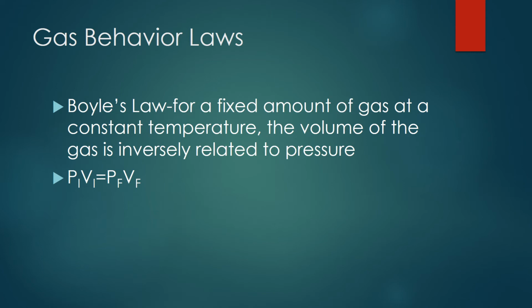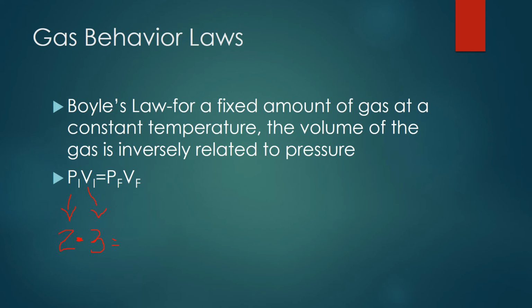So let's say our initial pressure, that's an arrow, is 2. So that's supposed to be a 2. Times, that's supposed to be a dot for multiplying, our initial volume, let's say is 3. And that equals, let's say we don't know the volume, but we do know the pressure.